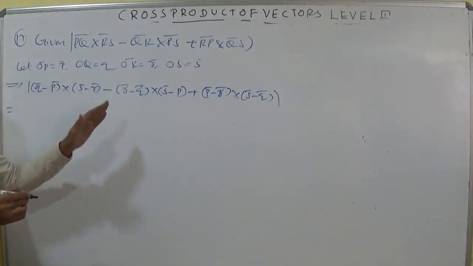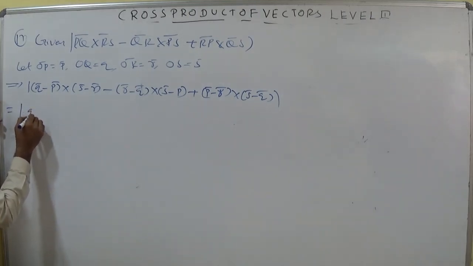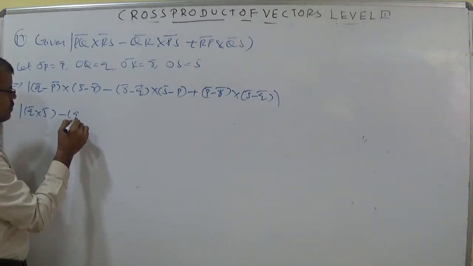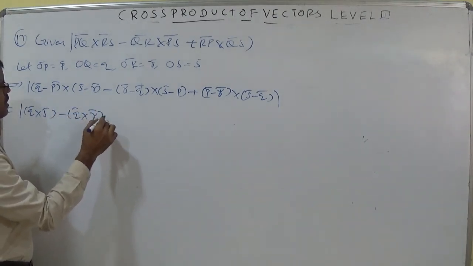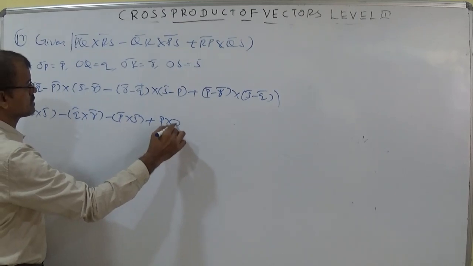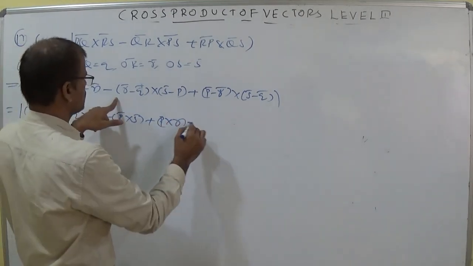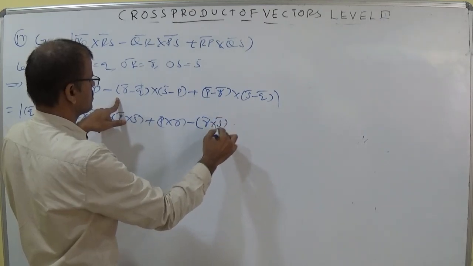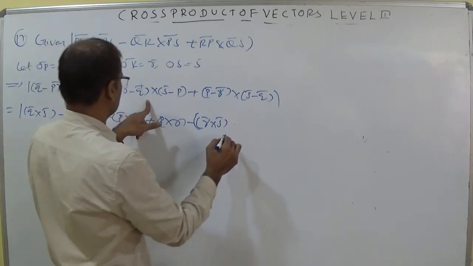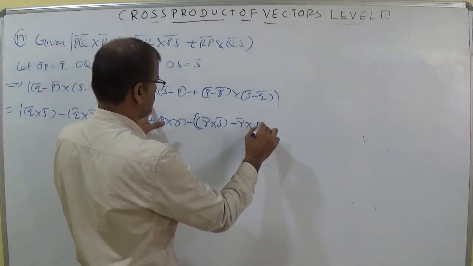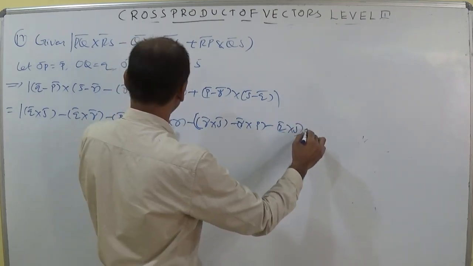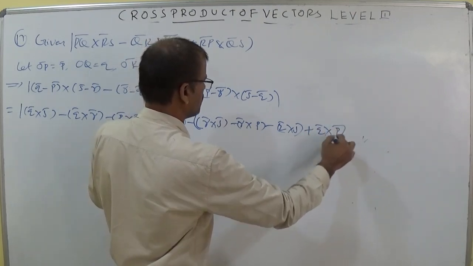Now let us multiply with cross product: Q cross S minus Q cross R, minus P cross S minus of minus P cross R, minus of R cross S, take common, R cross S and minus R cross P, minus Q cross S and minus of minus becomes Q cross P.